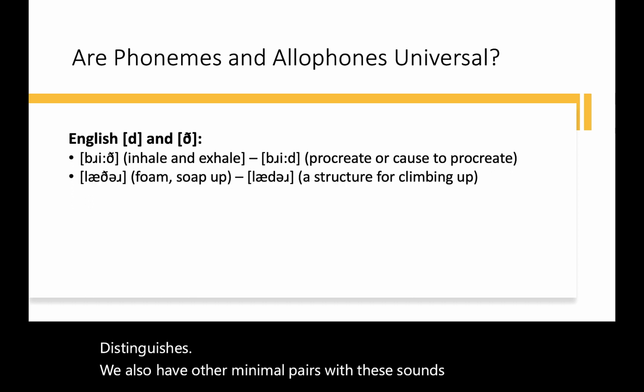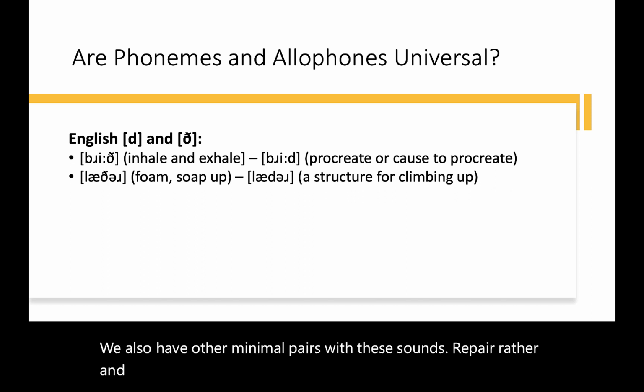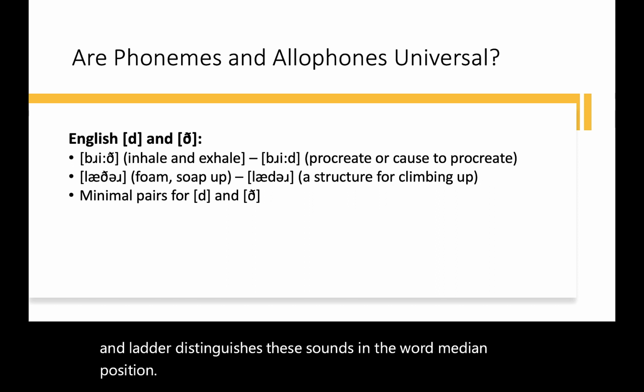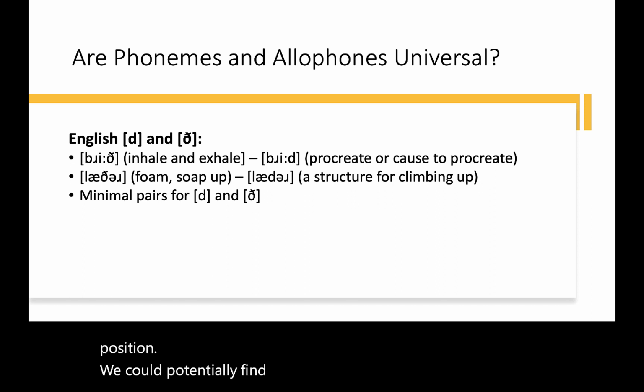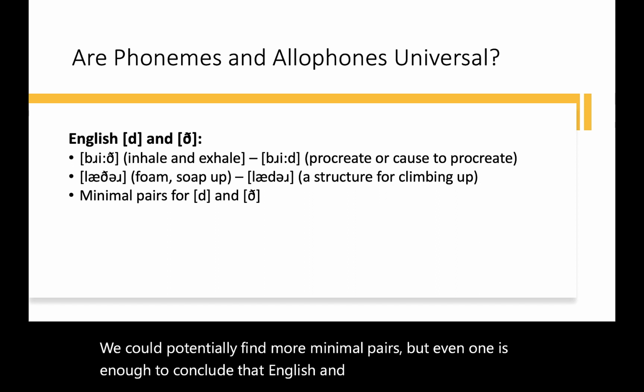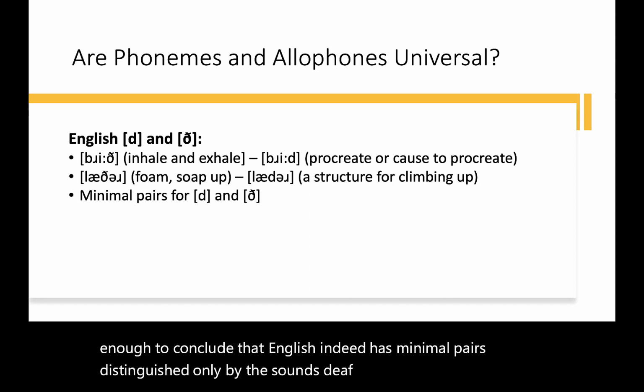We also have other minimal pairs with these sounds. The pair lather and ladder distinguishes these sounds in the word median position. We could potentially find more minimal pairs, but even one is enough to conclude that English indeed has minimal pairs distinguished only by the sounds d and th.